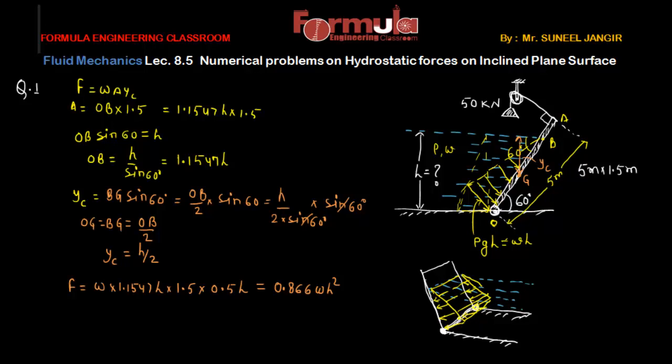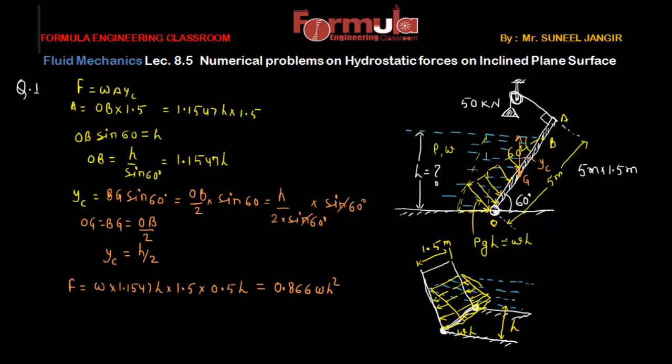I told you that we can calculate the force by calculating the volume of this pressure intensity diagram. If we calculate the volume of this diagram, then that volume will be exactly equal to this force. The width of the gate is also known, that is 1.5 meter. And the pressure intensity at the bottom, we already know, is equal to the specific weight of fluid into height h. That is, h is this one here.